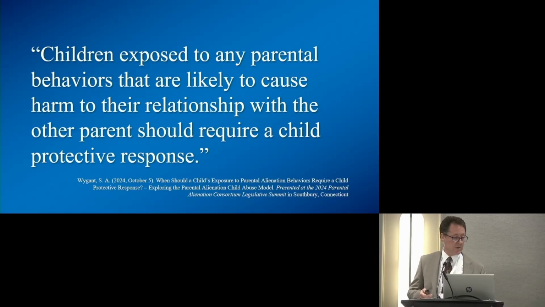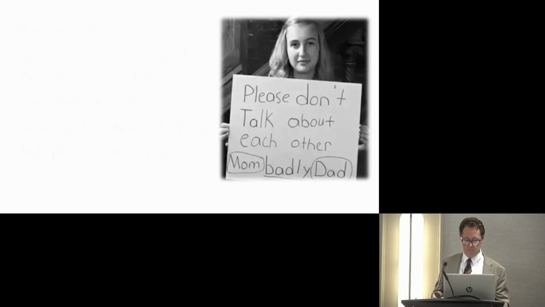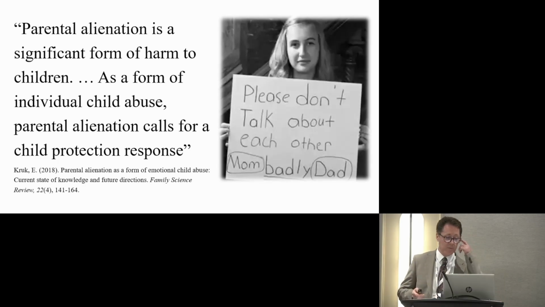So under the parental alienation child abuse model, children exposed to any parental behaviors that are likely to cause harm to their relationship with the other parent should require a protective response. Now we know from previous research, this is a 2018 study by Edward Crook, and he says, parental alienation is a significant form of harm to children.